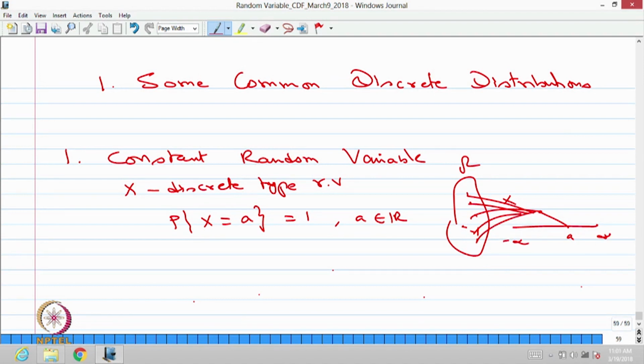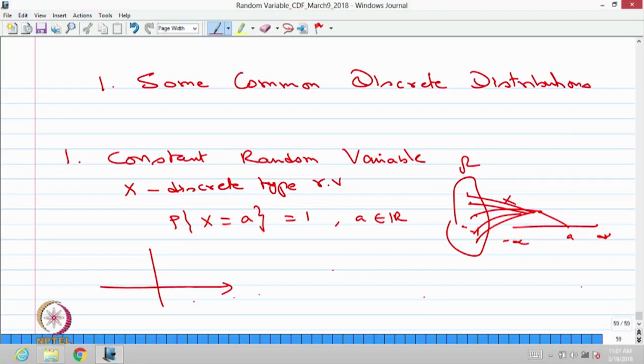That means the probability of X equal to A is nothing but the probability of omega. From the Kolmogorov axiomatic definition, we know that P of omega is 1. Therefore, the probability of X equal to A is equal to 1. That means for all other points, if you go for the inverse image, the mass is going to be 0.